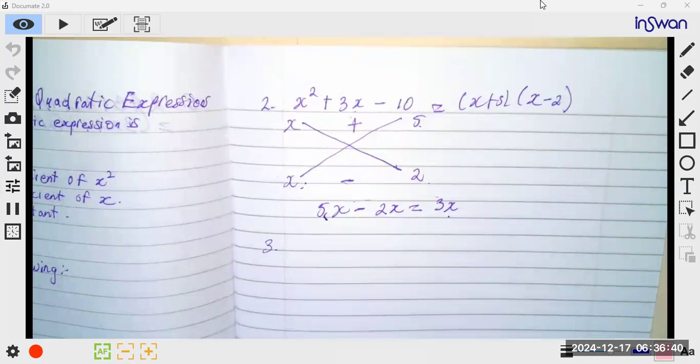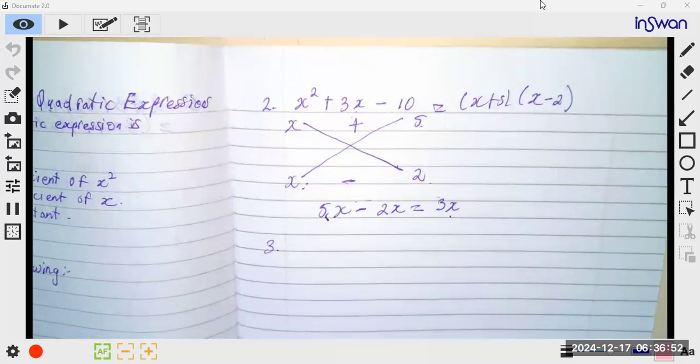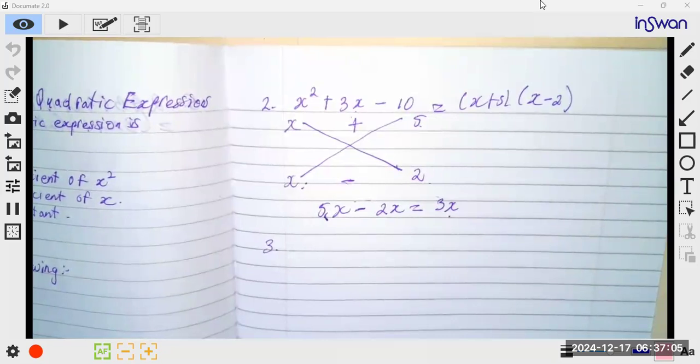Any questions concerning this one? Yes or no? All right, so let's go on to example 3. Can we move on to example 3? Yes, miss.